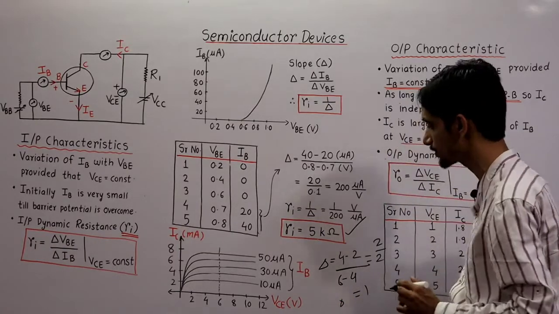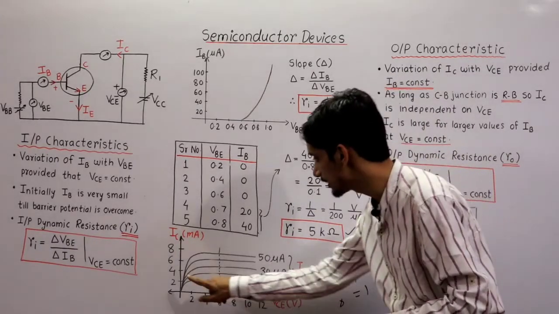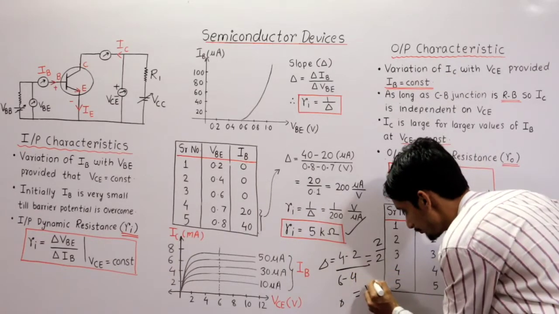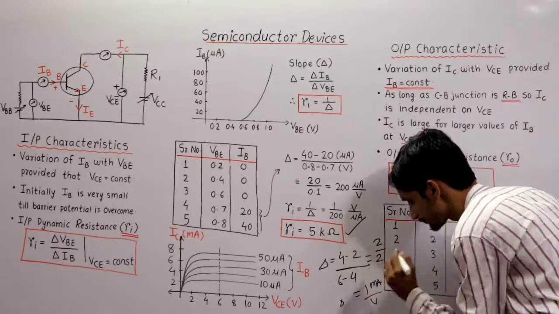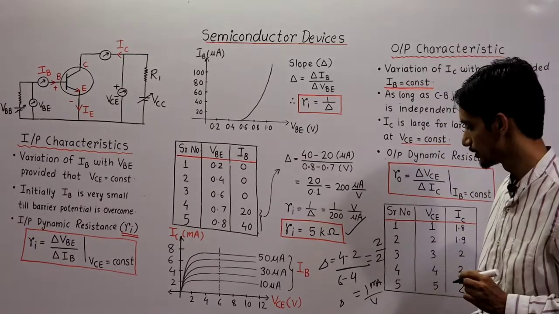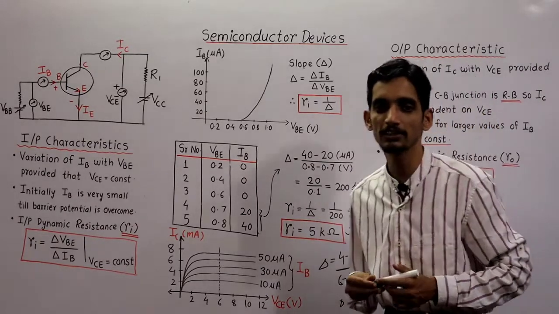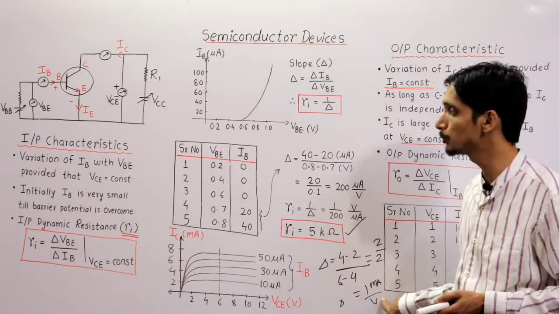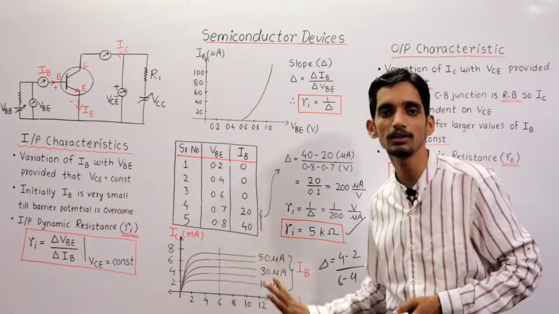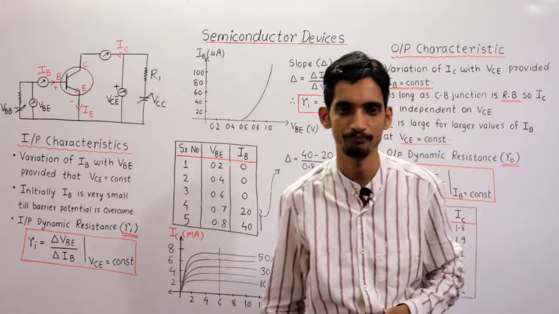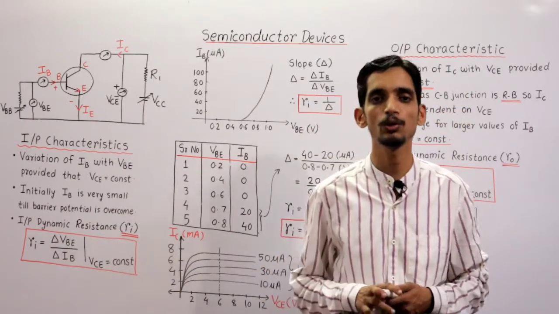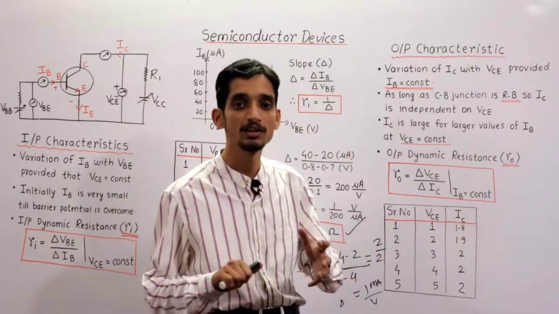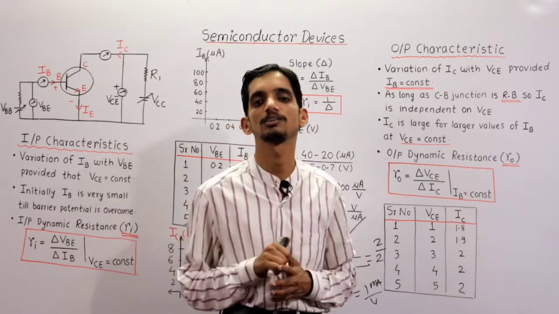But if you observe, the collector current is in milliamps, so you are getting the answer in milliampere per volt. This is the slope. If you take the reciprocal of this, then you get the output resistance of this common emitter configuration. So in this way you can calculate the input and output resistance of your CE configuration.